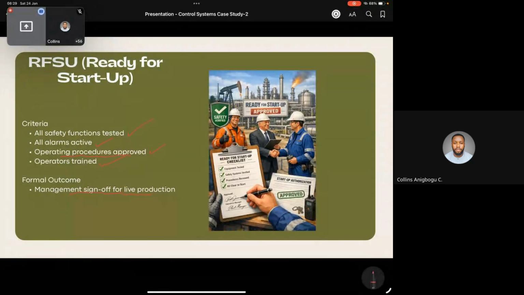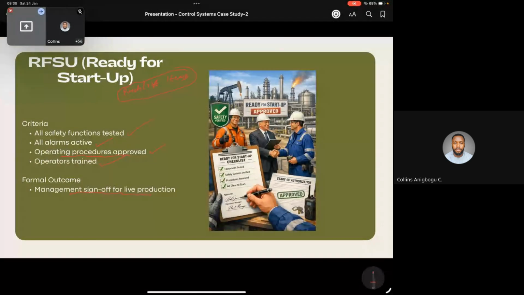So at the RFSU stage, there might still be some punch list, what we call punch list. There must still be some punch list items, that is, some requirements that have not been fully implemented.